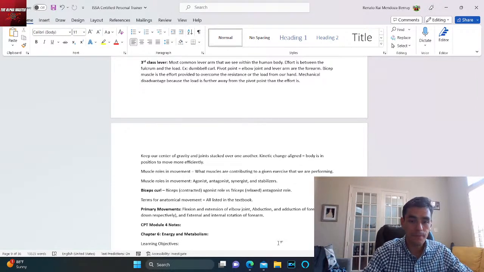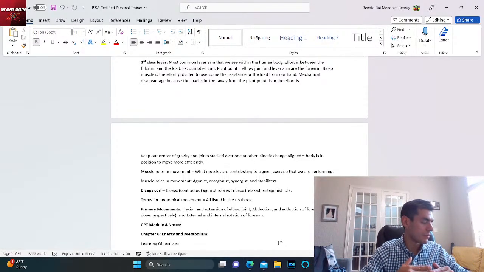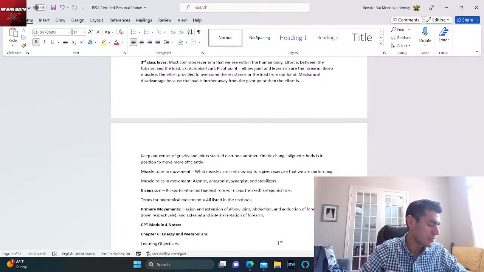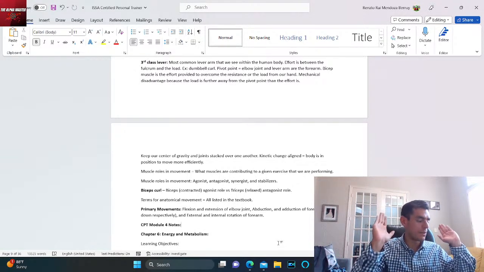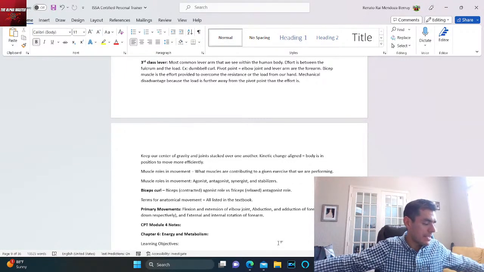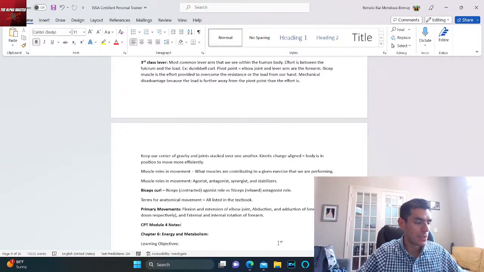For example, abduction, moving away; adduction, movement towards; flexion, extension, lateral flexion, protraction, retraction, elevation, depression, plantar flexion, dorsiflexion, external and internal rotation, circumduction, inversion, eversion, pronation facing down, supination facing up, hyperextension, ipsilateral, contralateral, lateral, and medial.